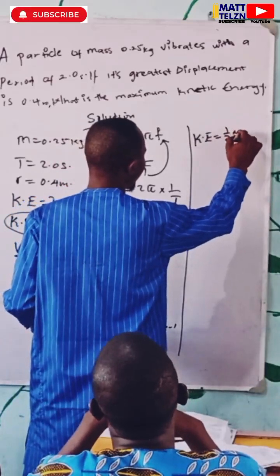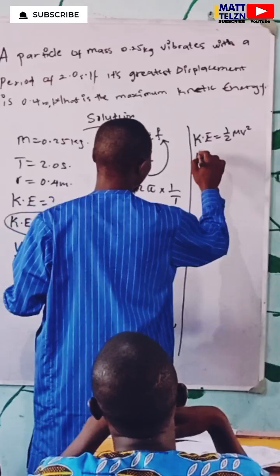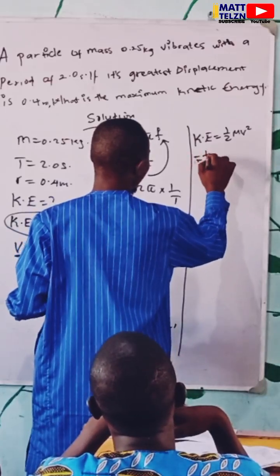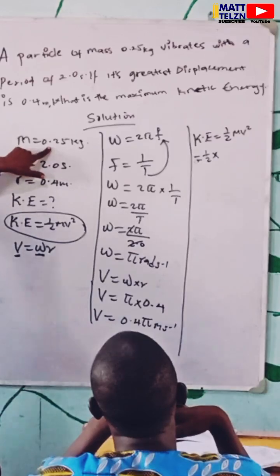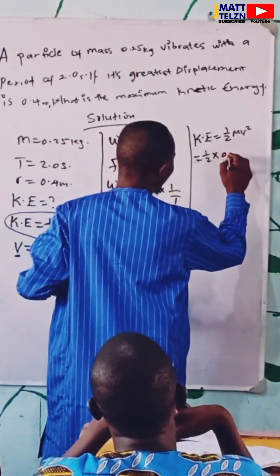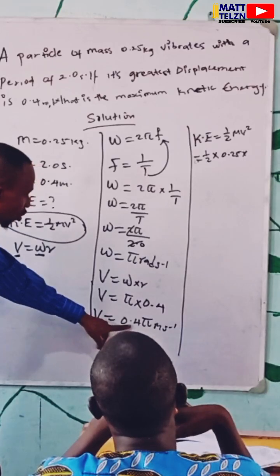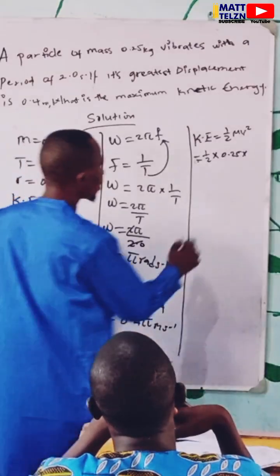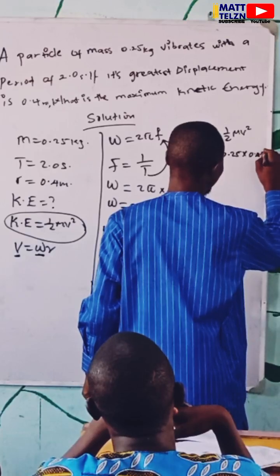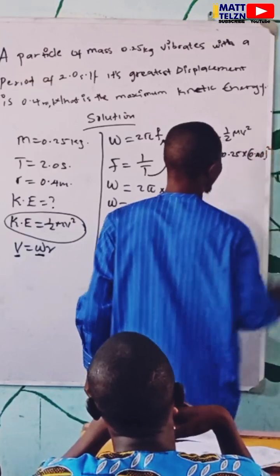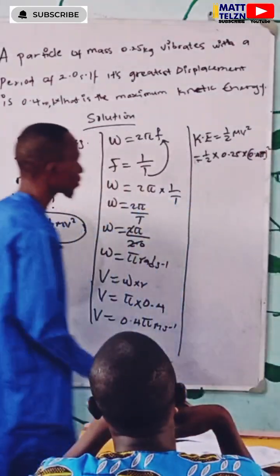Half mv squared. So I'm going to have KE equal to half times my mass, which is given as 0.25, times my v that we calculated, 0.4 pi, in brackets squared.